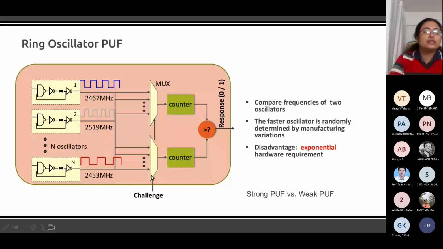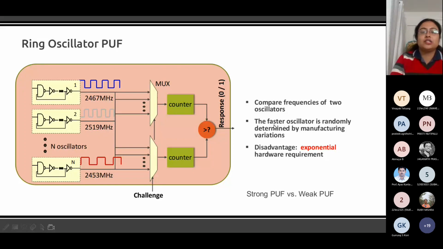Depending on the challenge, we select 2 ring oscillators and calculate their frequencies. If the frequency of the upper mux is greater than the lower one, then the output of the PUF is 0 or 1, and if it is less, then vice versa. So we compare the frequency of 2 ring oscillators.